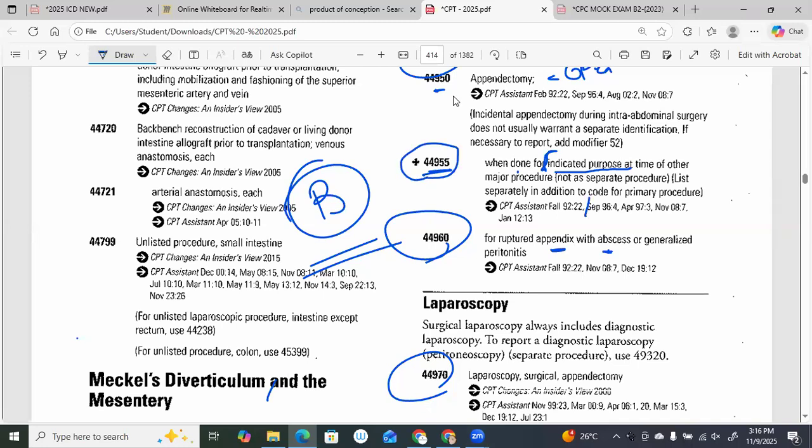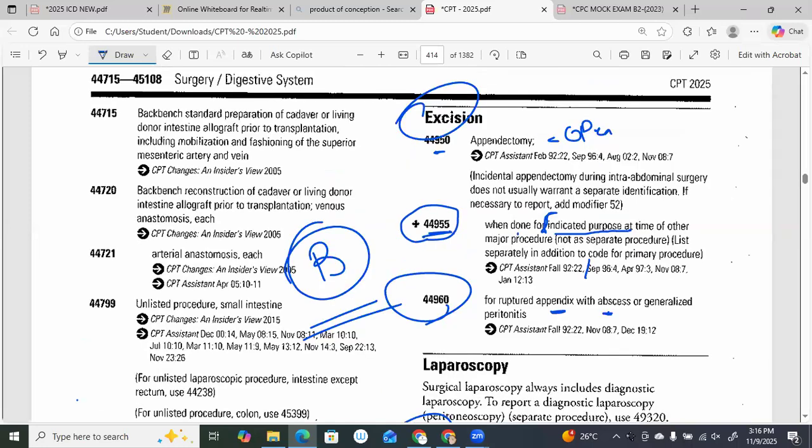But in our case, we do not have any indication before the procedure for the appendectomy. So whenever there is no indication before the procedure or during the preoperative time, and the doctor needs to do an incidental appendectomy with the other procedure or during the intra-abdominal surgery, in that case we have to bill 44950 itself with the 52 modifier.